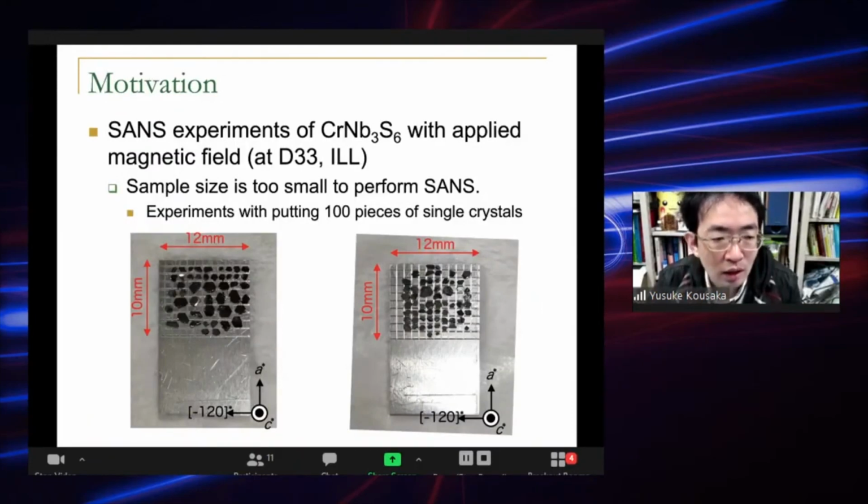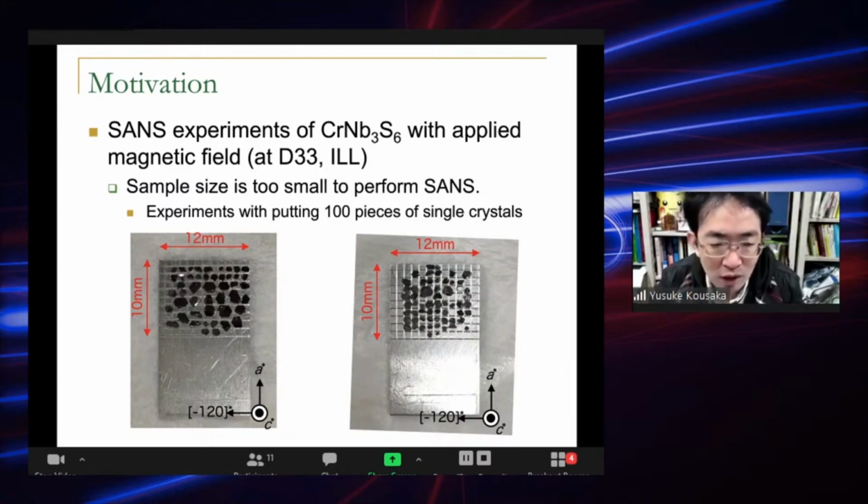So to try the neutron diffraction technique on this compound, we grew at least 100 pieces of single crystal, found the orientation of the crystals, and put them on an aluminum plate. In total, 50 milligrams of single crystal can be put on a plate. With this crystal plate, we tried small-angle neutron diffraction.